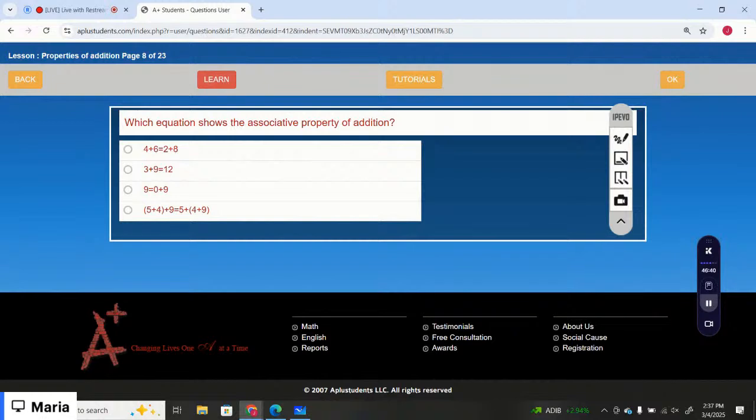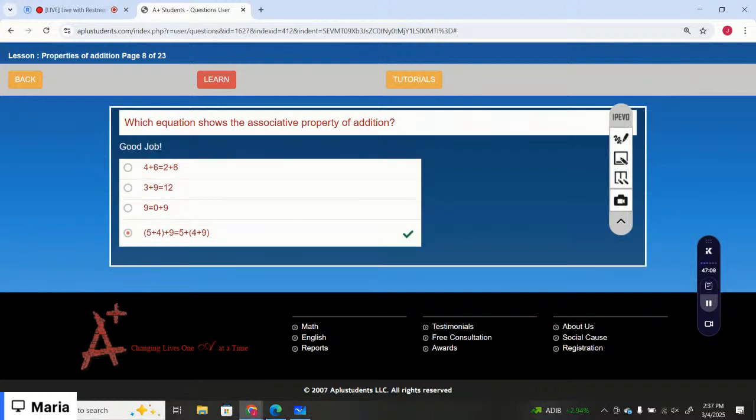Which equation shows the associative property of addition? Option number 4 is the correct option. That is the associative property.